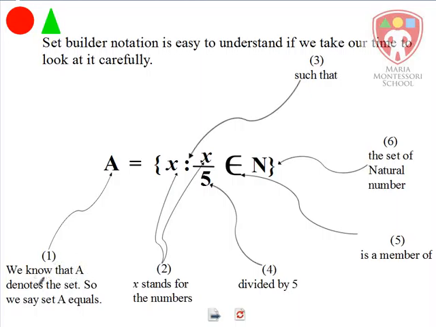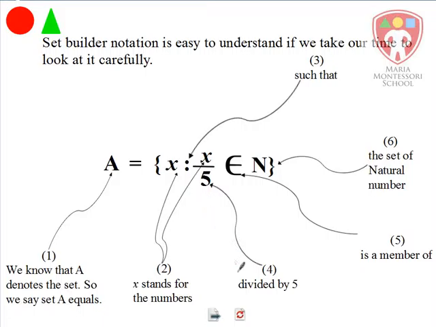Number 1, we know that A denotes the set, so we say set A equals x. X stands for a number, or rather the numbers that will go into making the set.